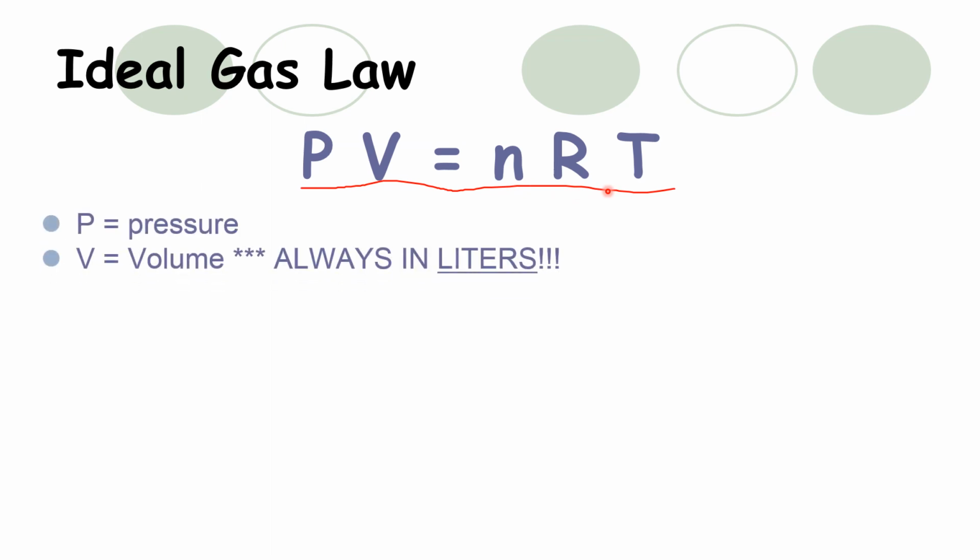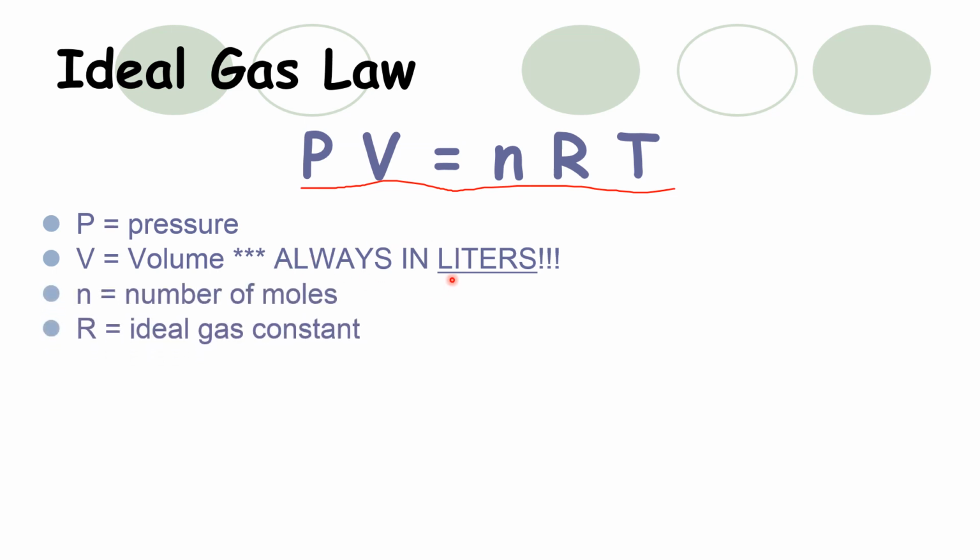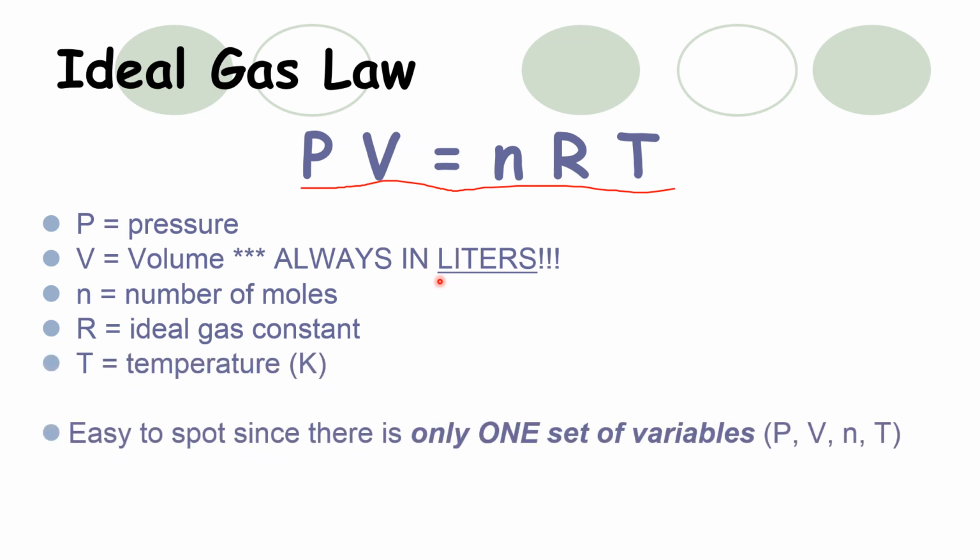The P stands for the pressure, the V for the volume, which for us will always be in liters. N is the number of moles, R is our ideal gas constant, and T is the temperature, which is, of course, in kelvins.